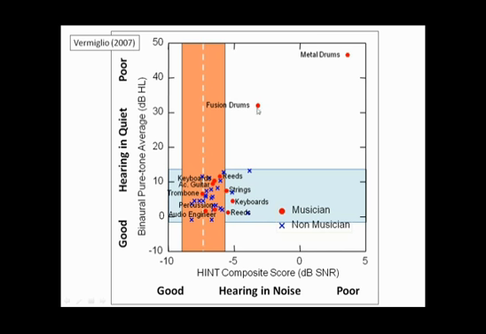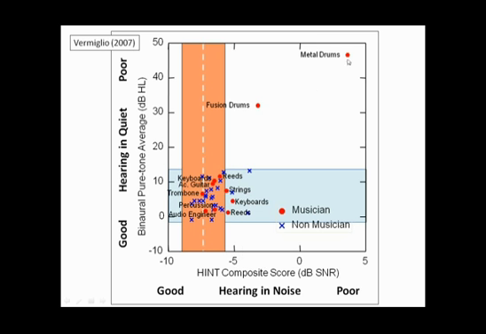And then we get into instrumentalists that are exposed to extremely high levels of sound. And so definitely they experience some damage in the cochlea, in the hair cell structures, and their hearing in noise ability is very, very poor. Remember the last set of graphs, very poor score was a +4, which would be over here.